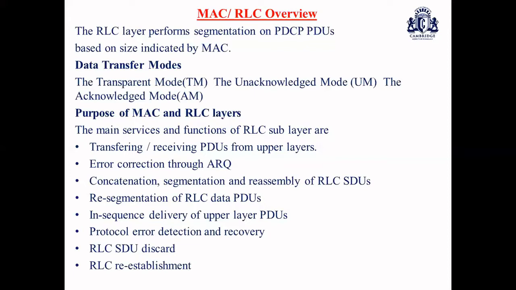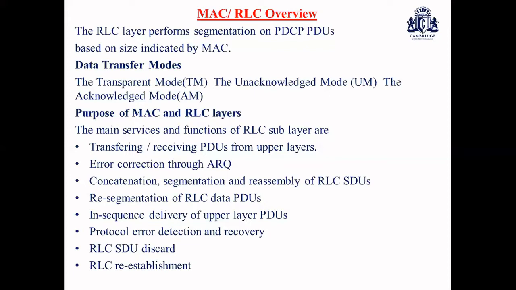So all these are the functions of the MAC sublayer. When we talk about error correction, that should also be done by the MAC sublayer through an appropriate protocol, that is HARQ, hybrid automatic repeat request, and handling the priorities between logical channels of one UE and between UEs by means of dynamic scheduling. If there is any dynamic scheduling requirement, it should have an appropriate means of execution by giving priority.